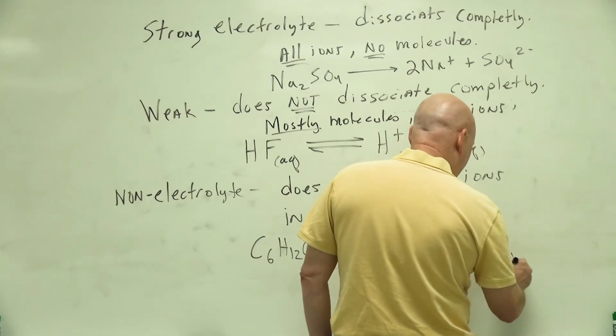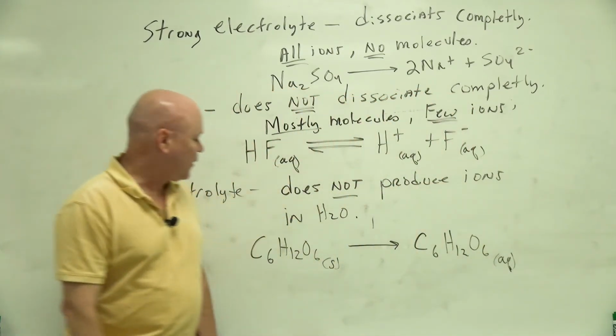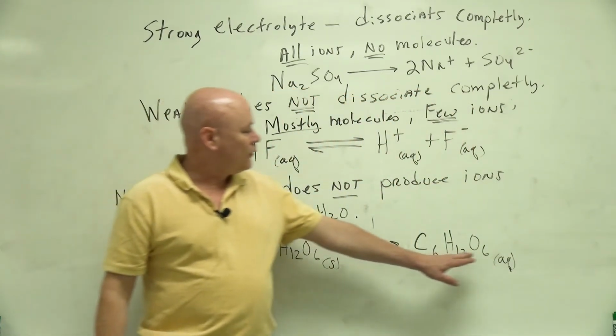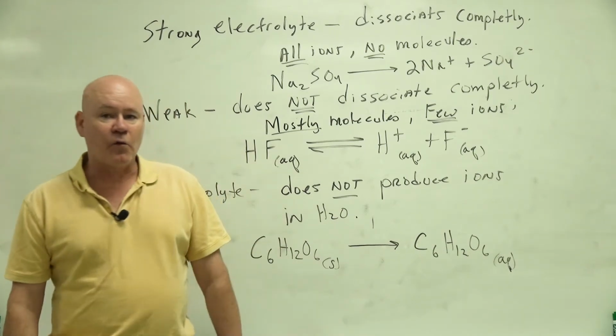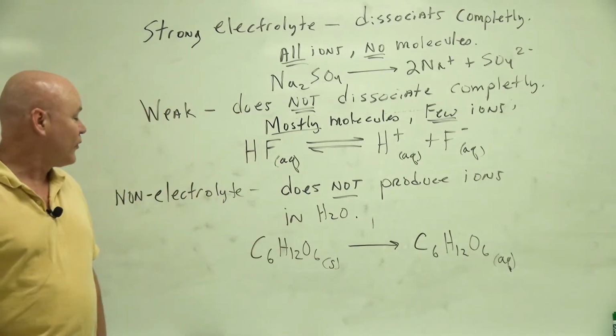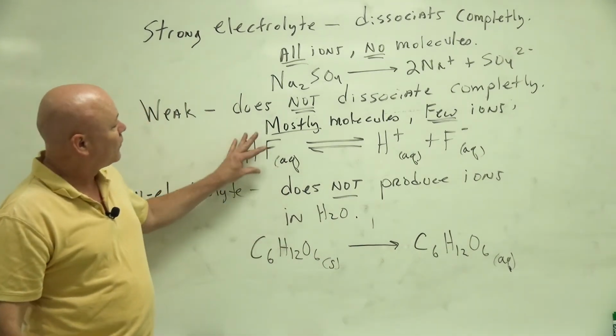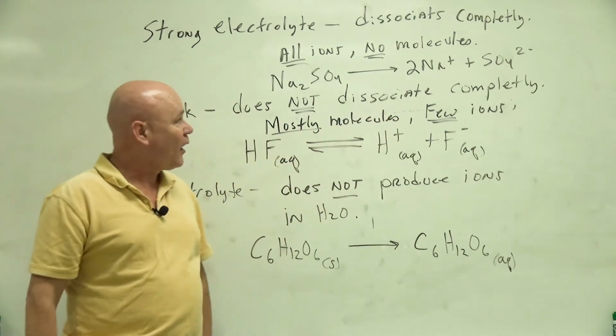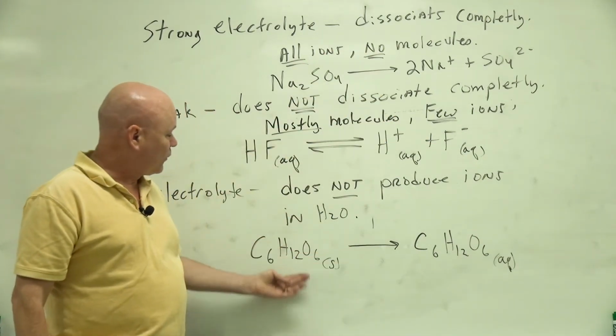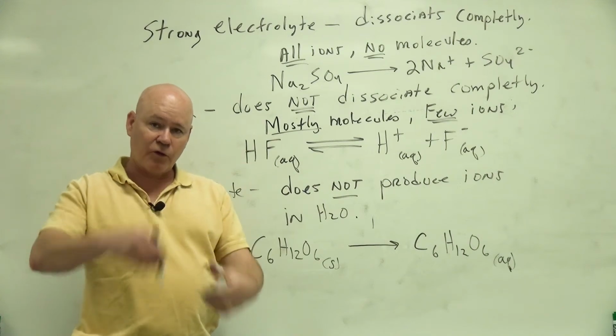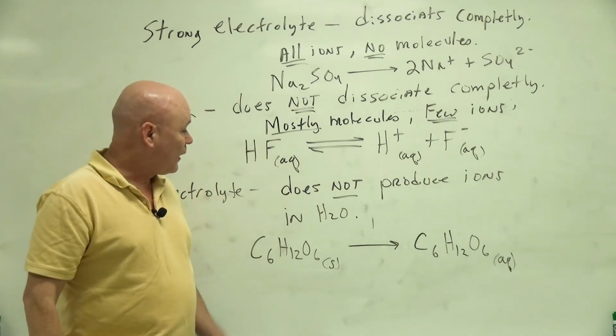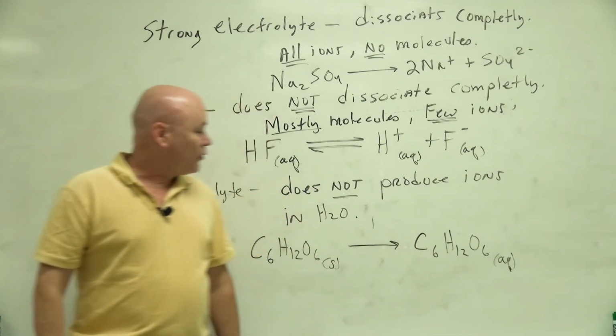And so when it dissolves, it goes from solid to aqueous, but you don't see any ions over here. There's no ions coming off of the glucose, not like up here where it fell apart and dissociated into ions.